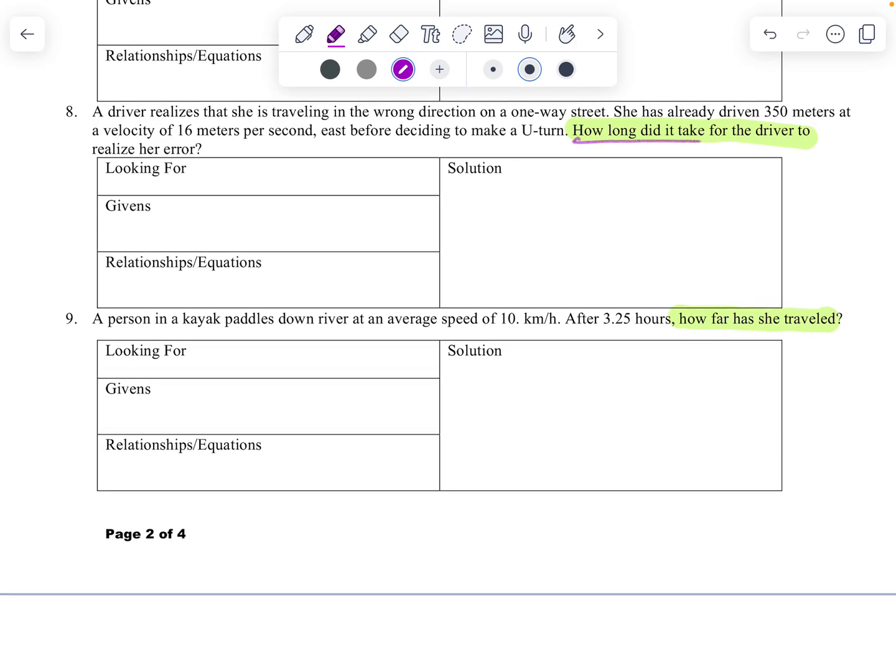Next, how long will be a time? Time, I'll help you out on this one, will equal distance divided by speed. So you're going to use distance divided by speed. And this is a how far, so distance equals speed times time.